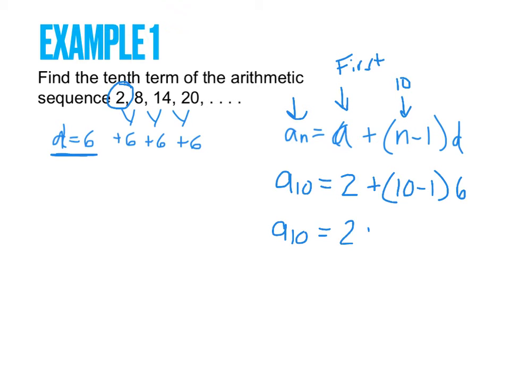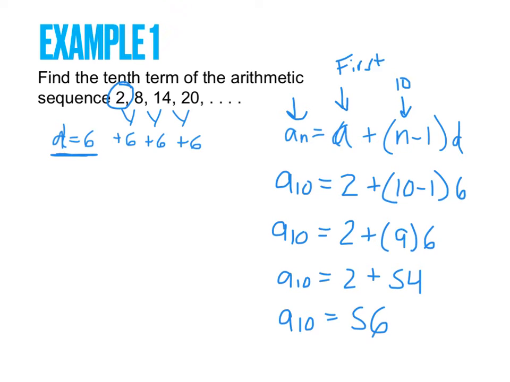So we need to do what's in the parentheses first. So 10 minus 1 is 9. And then we need to multiply 9 and 6 together. So 9 times 6 is 54. And then we add 54 and 2. So our 10th term of the sequence would be 56.